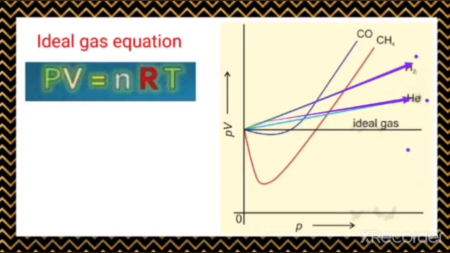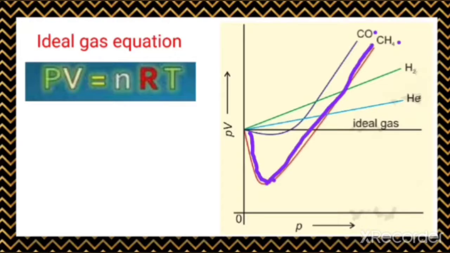The second type of plot is seen for gases like carbon monoxide and methane. First the plot decreases, showing a negative deviation. It decreases and reaches a minimum value with the increase in pressure. Then the plot increases and crosses the line of ideal gases, and then it shows positive deviation.